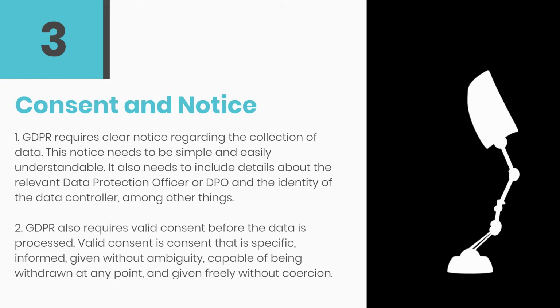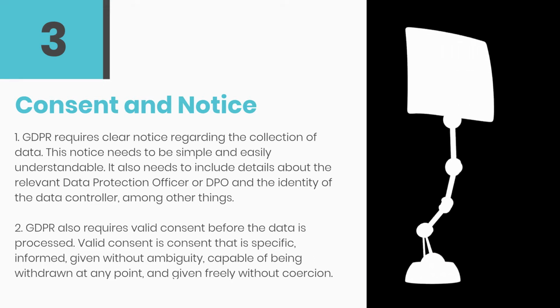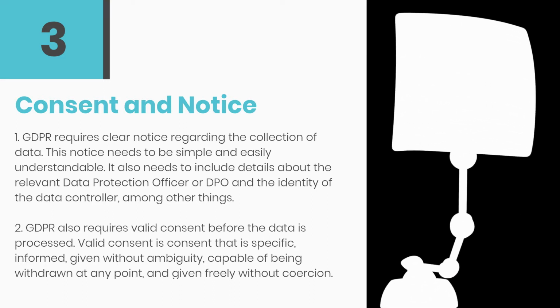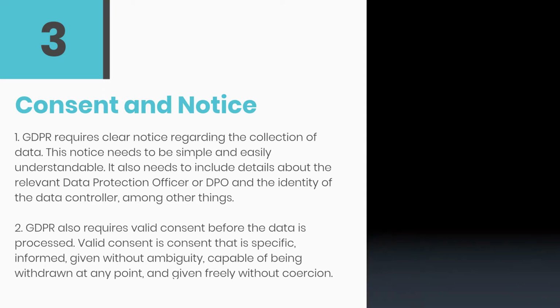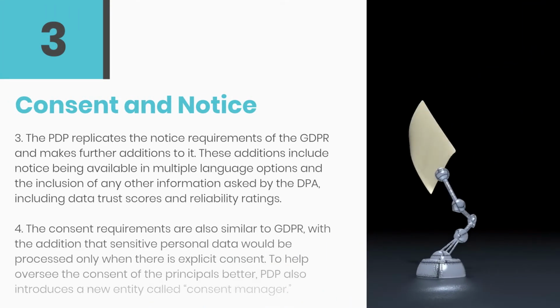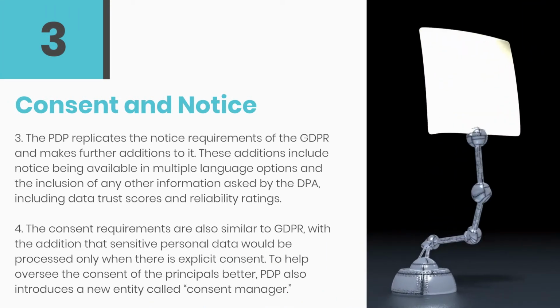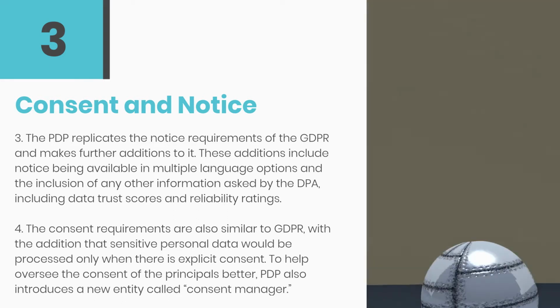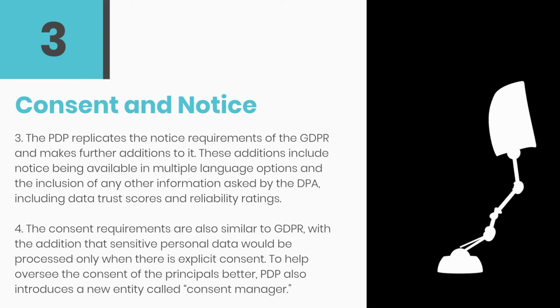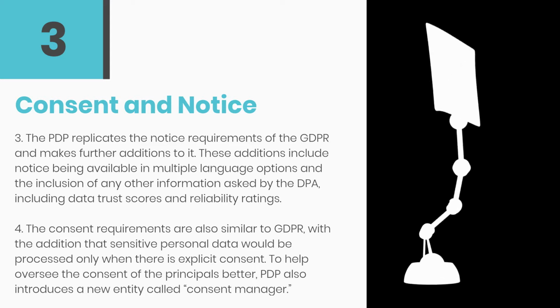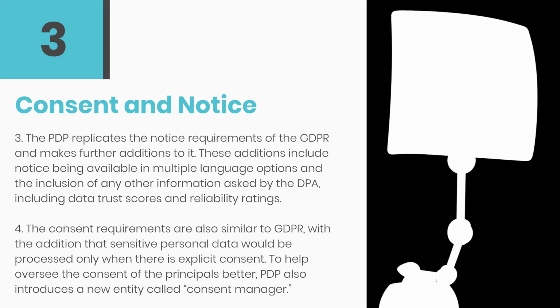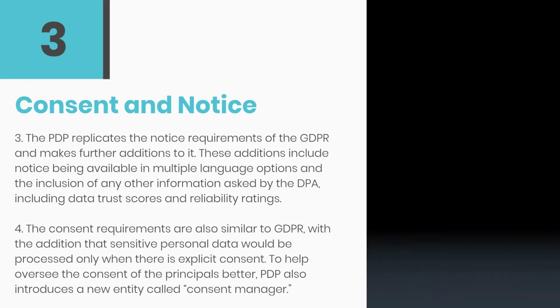Valid consent is consent that is specific, informed, given without ambiguity, capable of being withdrawn at any point, and given freely without coercion. The PDP replicates the notice requirements of the GDPR and makes further additions to it. These additions include notice being available in multiple language options and the inclusion of any other information asked by the DPA, including data trust scores and reliability ratings.